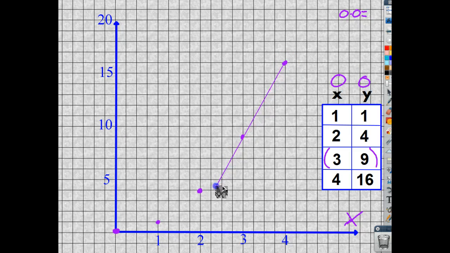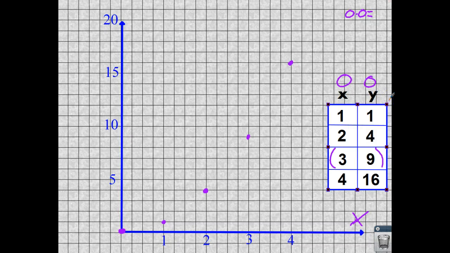Wait a second. My points aren't connecting. My points are not connecting in a straight line. What's going on here? Anyone know? Okay, it's not linear. I graphed my points correctly. I checked out all of my ordered pairs, and I have noticed that this is not a linear relationship.